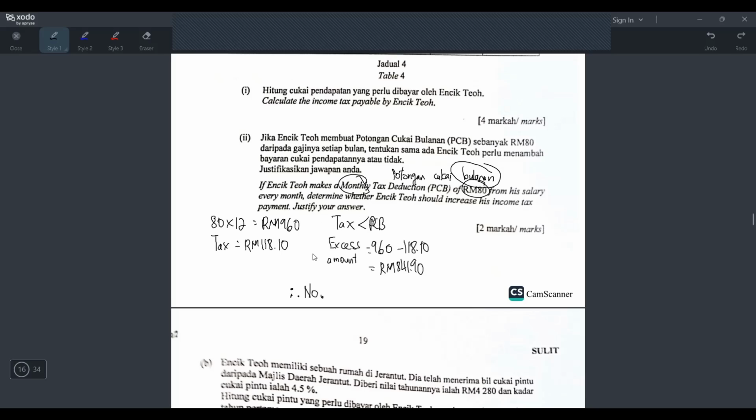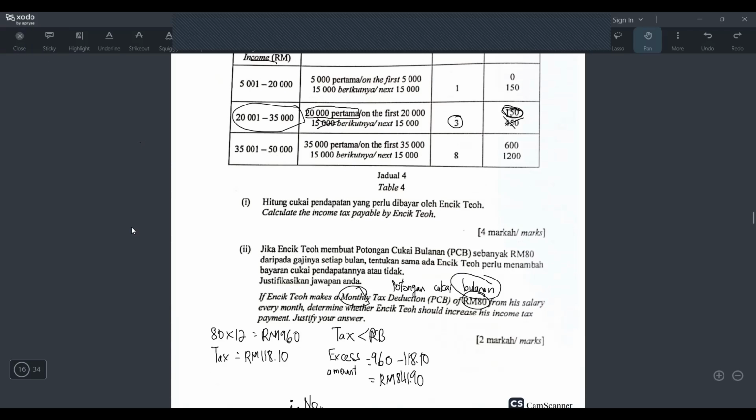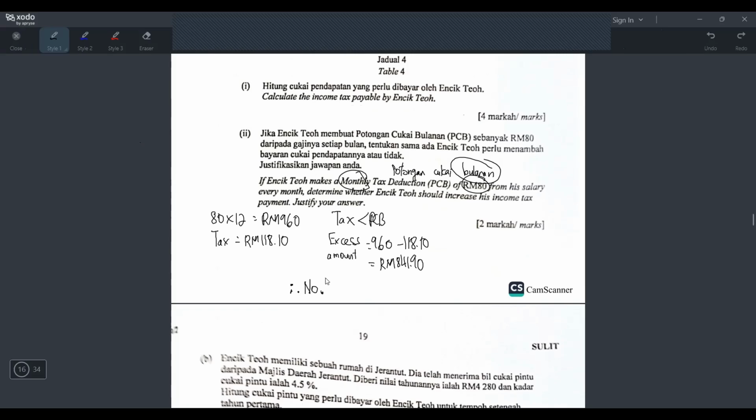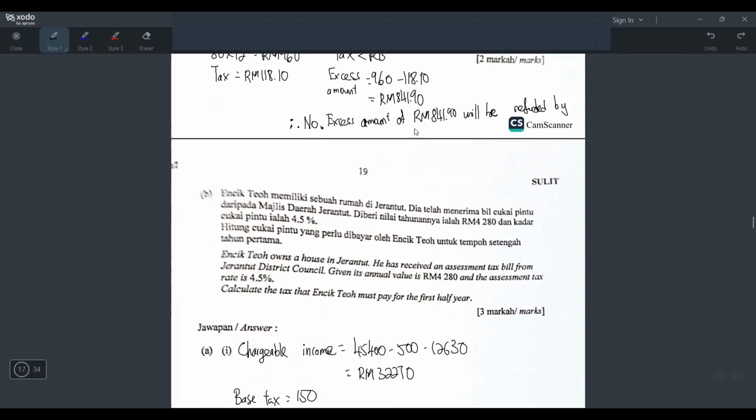So this is how you justify lah. You just take this one, tolak this one, right? But I think it's also good to write down this baris. The excess will be refunded to the bank account, right? So I will say excess amount of RM 841.90 will be refunded by, you can write IRB or LHDN, up to you.